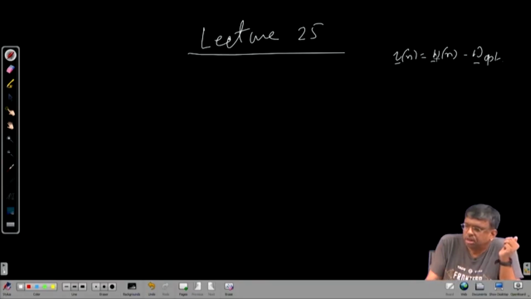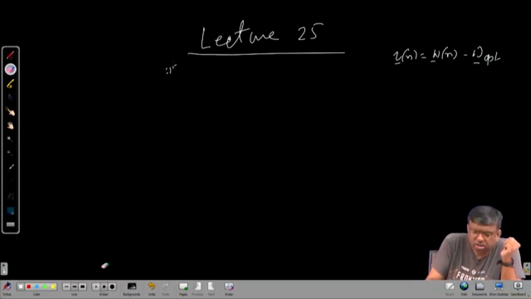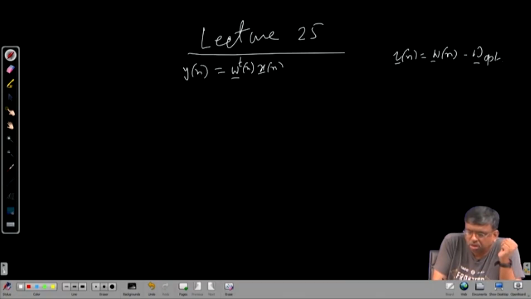And just for recalling, if Wn is used as a filter, the filter output was W transpose n xn, this is Yn, and the corresponding error was En, Dn minus this.